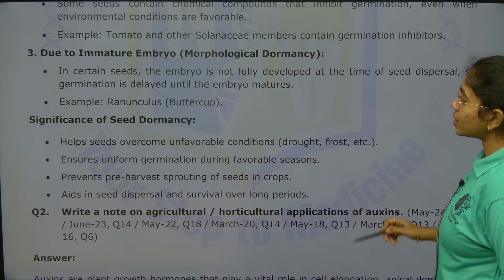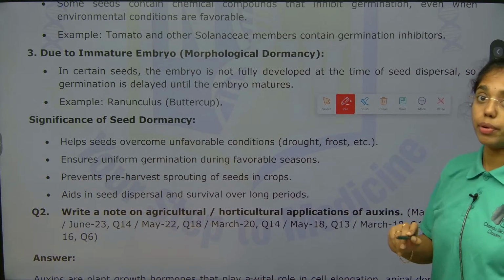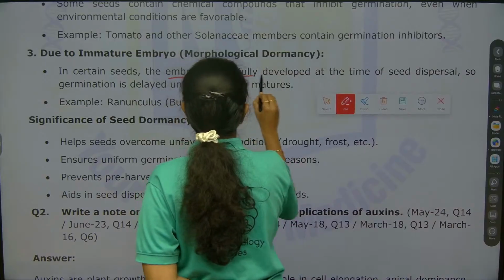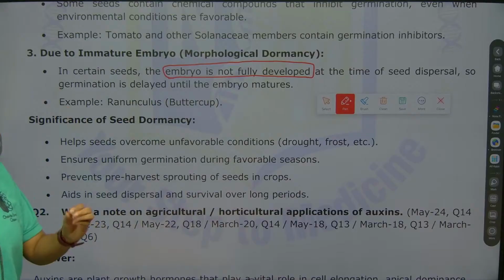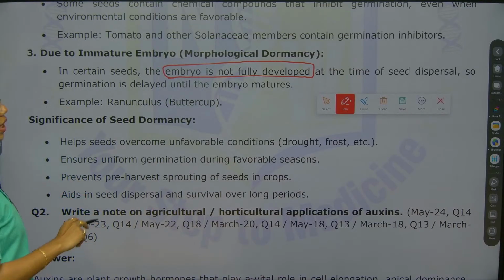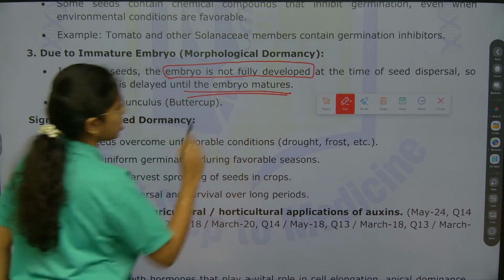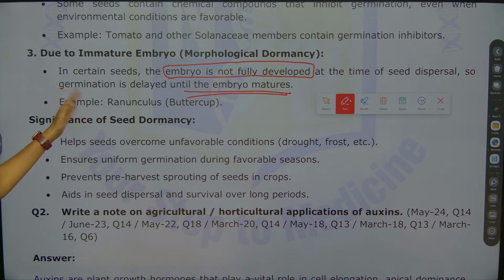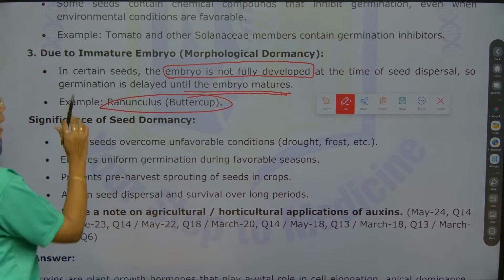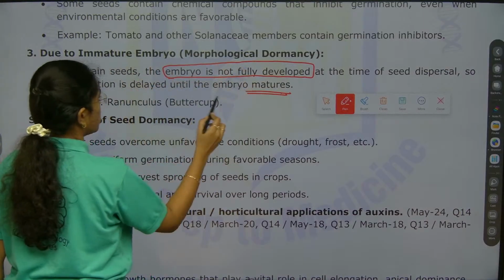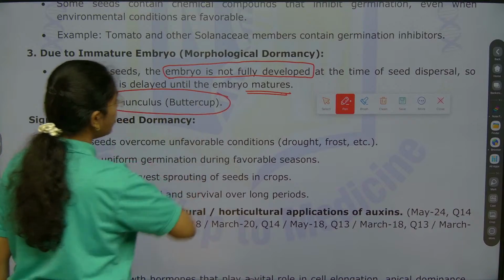In certain seeds, the embryo is not fully developed at the time of seed dispersal, so the germination is delayed until the embryo matures. For example, ranunculus and buttercup are the best examples.